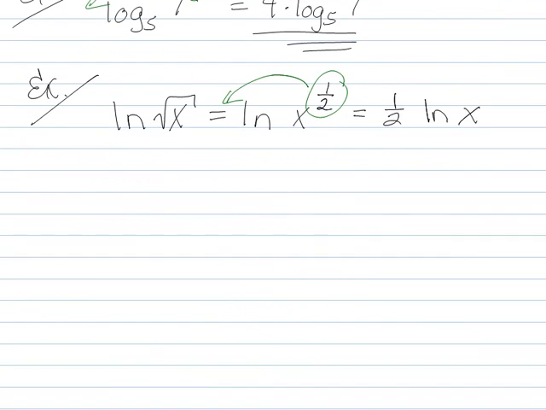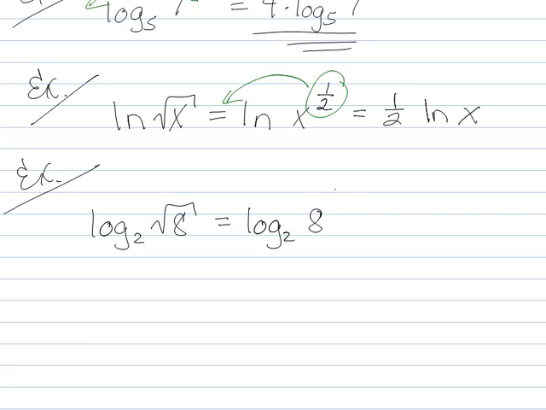Now again, what's the point? The point is now we can solve problems that we couldn't solve before, like log base 2 of the square root of 8. You can say, well, 2 to the what is the square root of 8? I'm like, got me. So let's see what I can do to simplify. The square root of 8 is 8 to the 1/2.